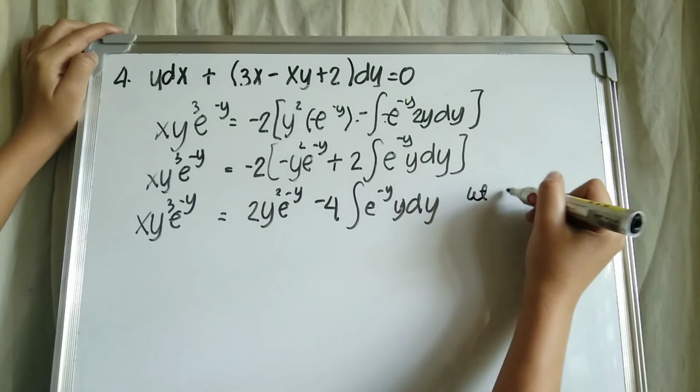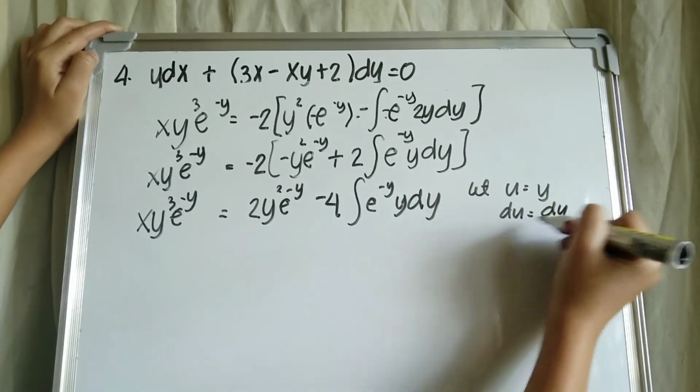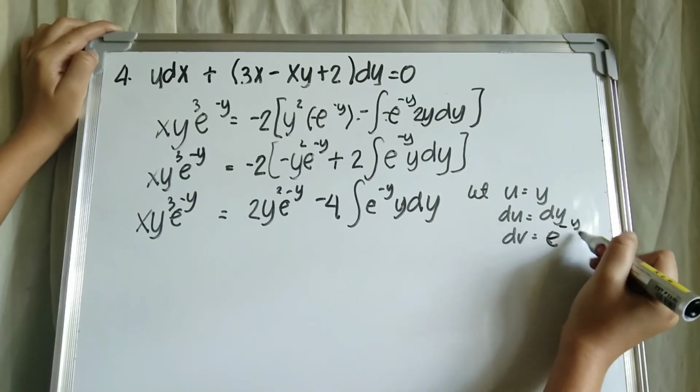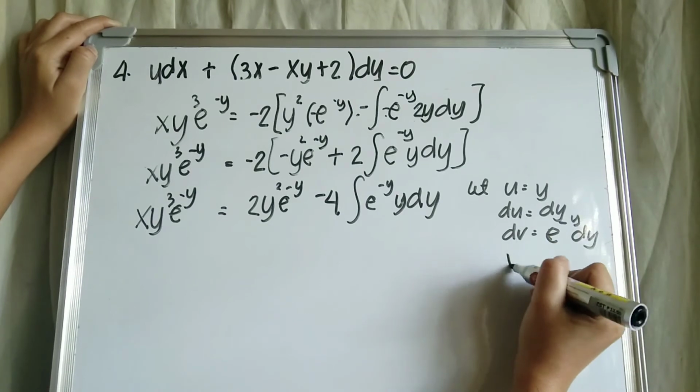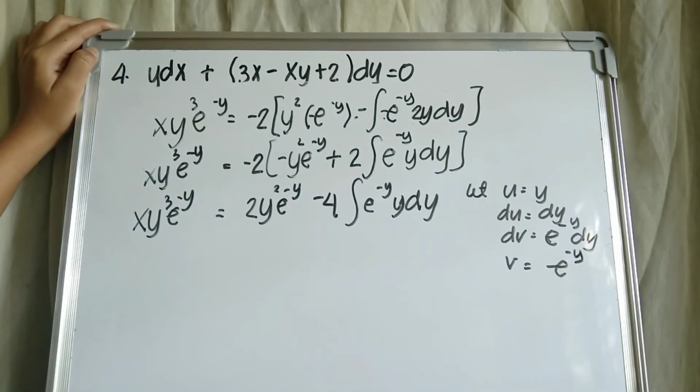We will let u equal y, du equal dy, dv equal e raised to the power of negative y dy, and then v equal negative e raised to the power of negative y.